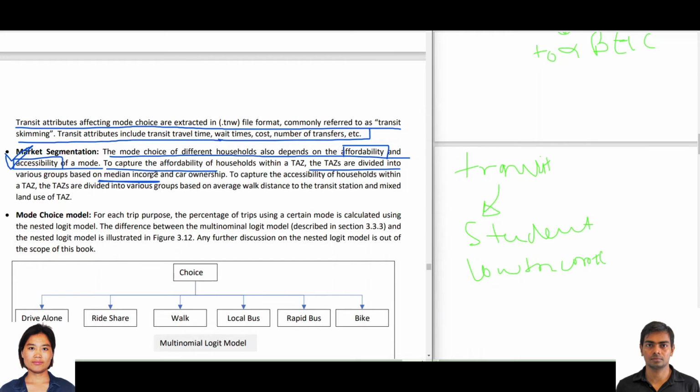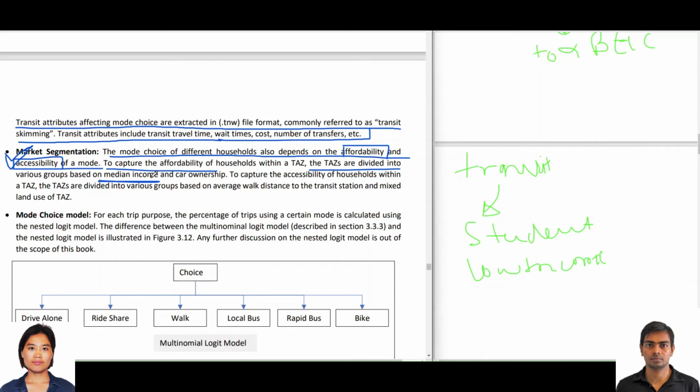A lot of people from a high income background can take aviation for most of their travel. But let's say there are some low income households, so they cannot take the aviation mode all the time, so they might take transit mode.